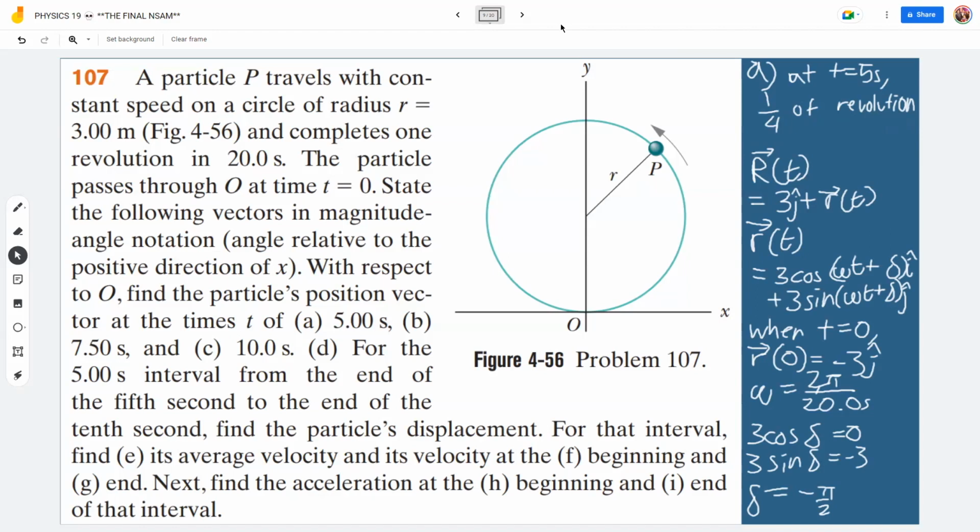Pwedeng para maging clear ko anong nangyayari, pakimarkahan sa circle yung nahanap na positions at t equals 5, 7.5, and 10. Okay.